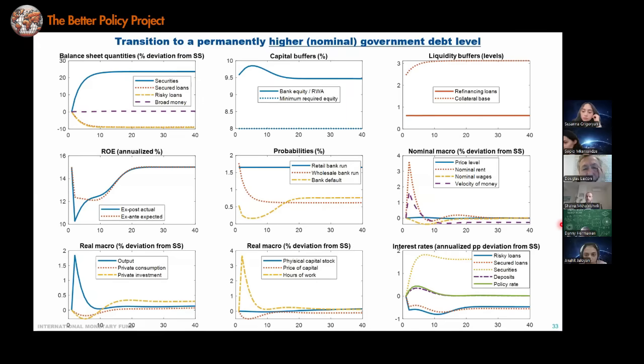So here the key channel, the way the model understands these linkages, is via the liquidity risk premium. When the government permanently expands government debt and banks extend credit to the government by simply buying these government bonds, the financial system as a whole has a bigger portfolio of government bonds, which means more insurance against liquidity risk.